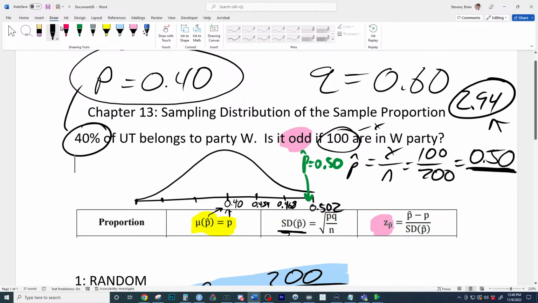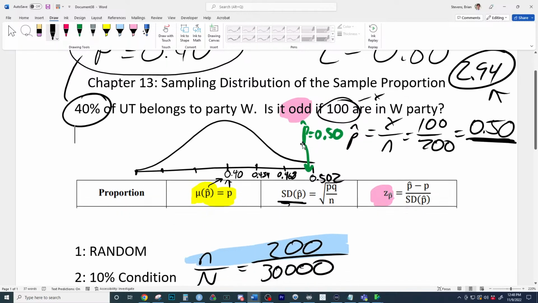So we take the observation. We do the mathematics. I'll put it below. The mathematics is p hat minus p over the standard deviation. So we're using this formula right here. I'm going to just write below it what the formula is. p hat was the sample proportion, what we observed in our sample out of 200, minus what we expected given the truth.